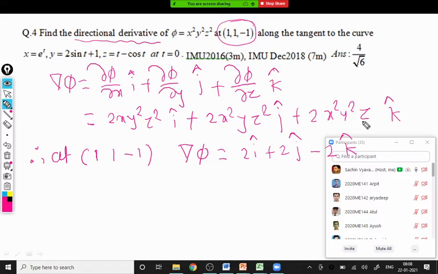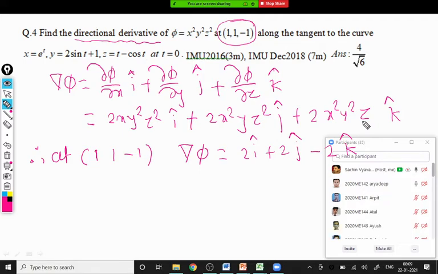What should be the next step now to get the directional derivative in a particular direction? What should we calculate? So the projection. Projection, but projection along which direction? The tangent. So how do we get the tangent? We have to find dx by dt, dy by dt, and dz by dt.